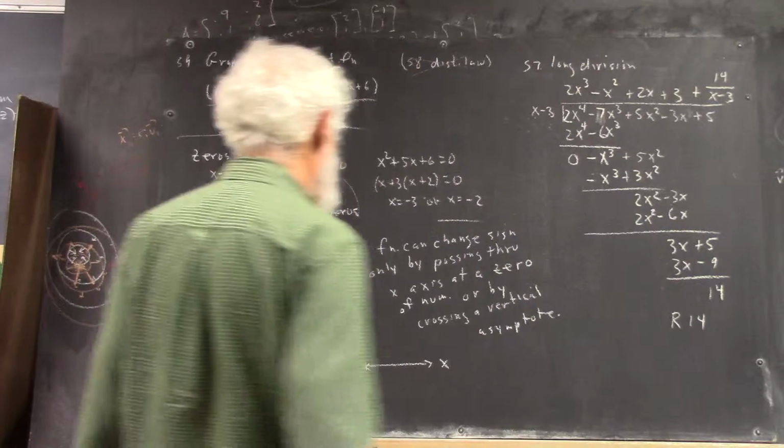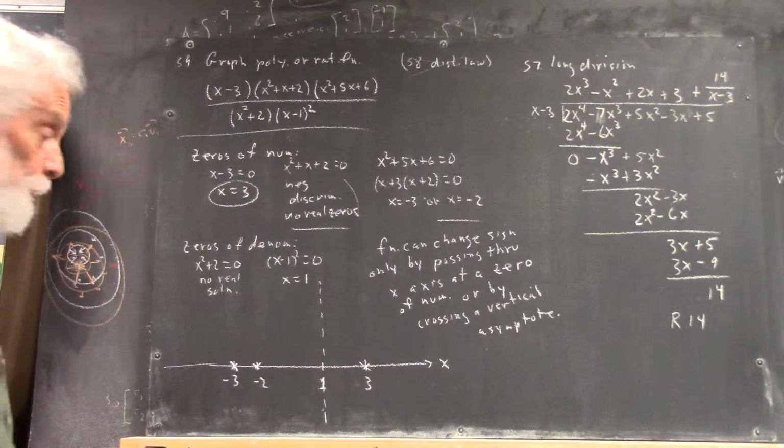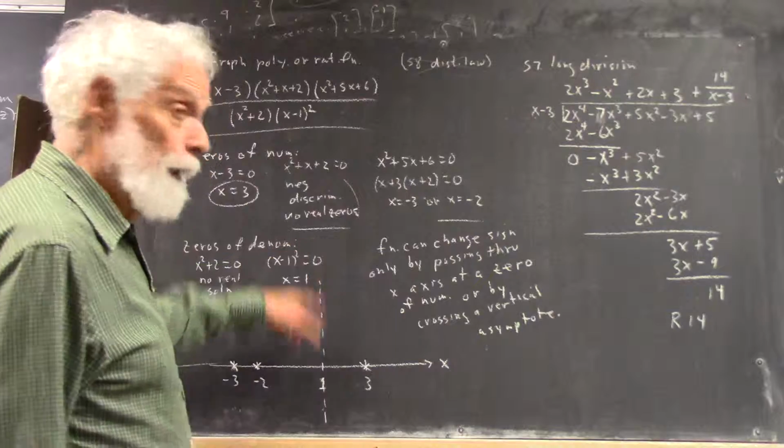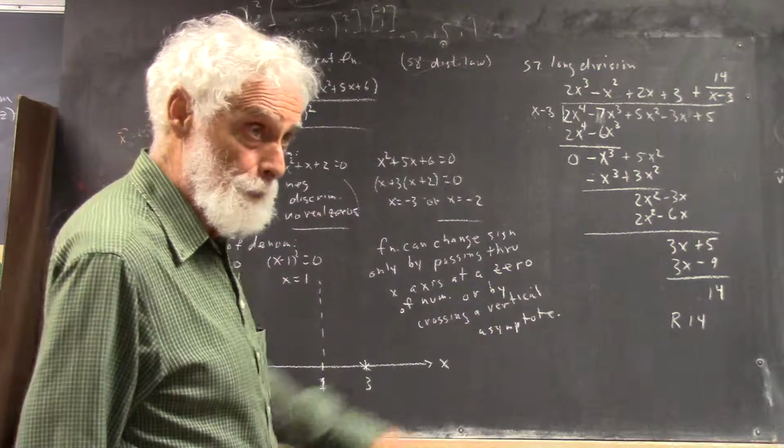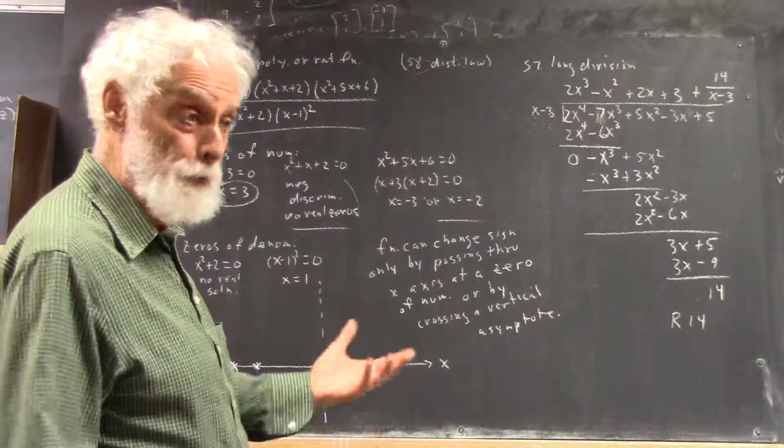Since the function is not continuous at a vertical asymptote, that is, it doesn't have any value at the vertical asymptote, what happens to the left and what happens to the right of a vertical asymptote could be anything.